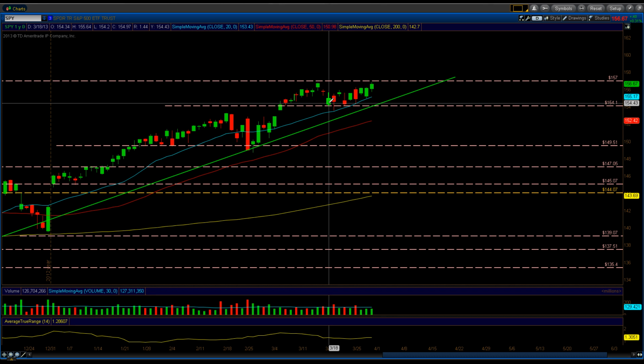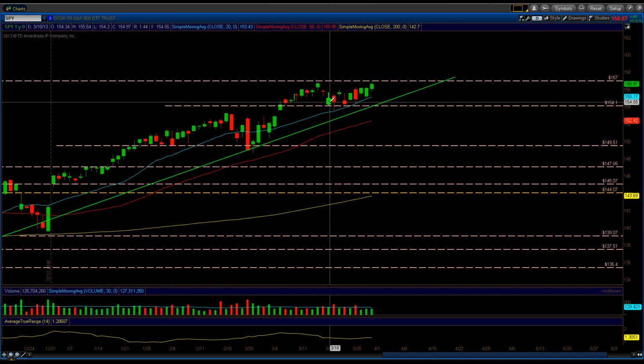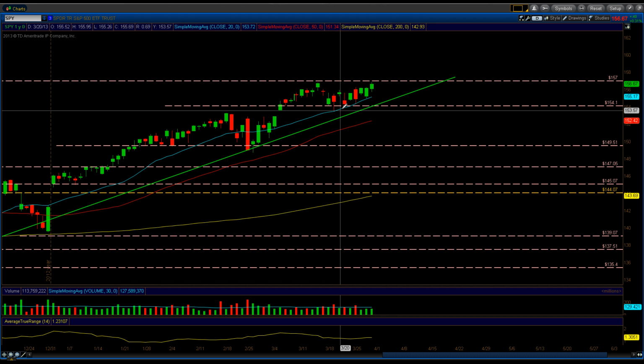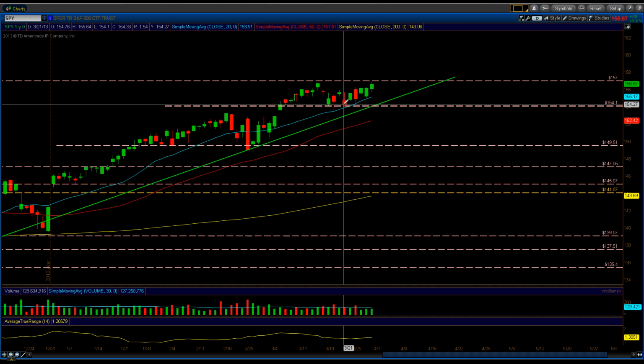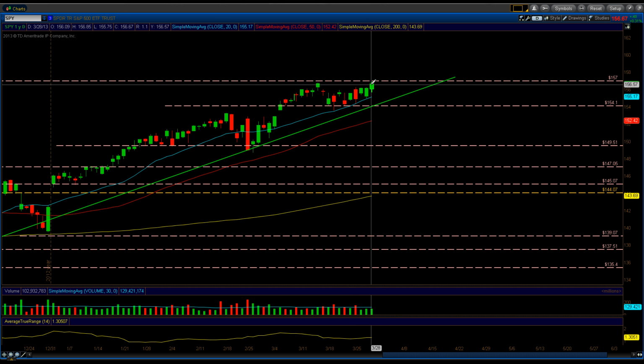If you look up here, you see the high, low, close. The low of this was 154.20, so it's about 10 cents off, and then the low here was 154.10, which was exactly that, and then we get a bounce back into the 157. The high here was 156.85, so we're getting closer to the 157.